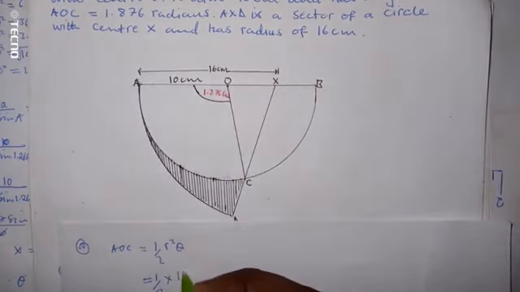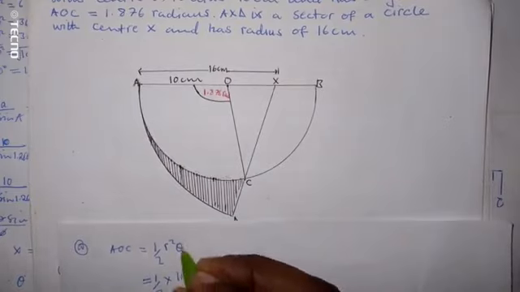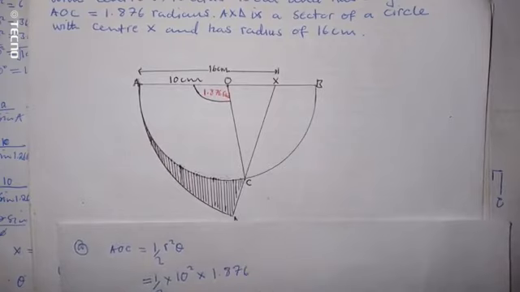So say half times 10 squared times 1.876. So we have half times this, which will give us 100 times 1.876 over 2.